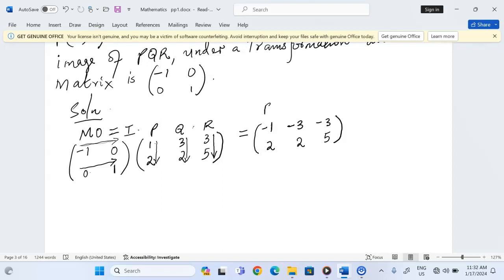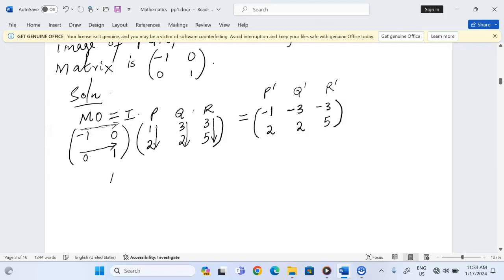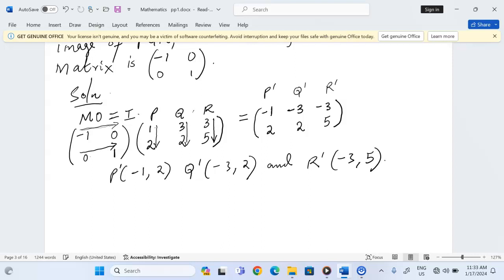This means we will have P prime, Q prime, and R prime. Therefore, the coordinates of the image are P prime as (-1, 2), Q prime as (-3, 2), and R prime as (-3, 5). This is the image of the triangle. Now we can represent this on a graph.